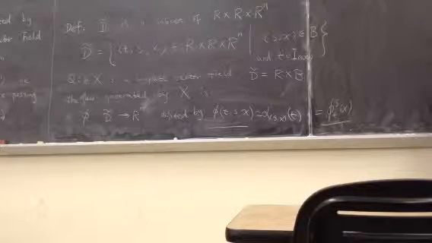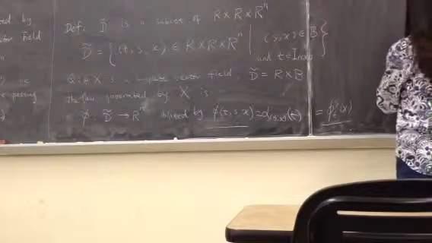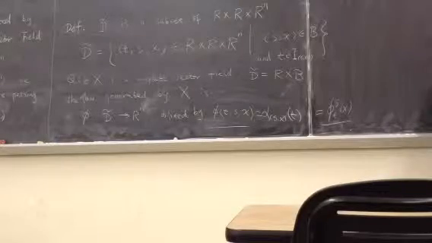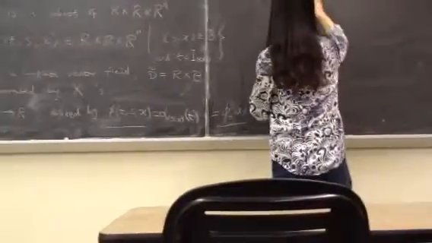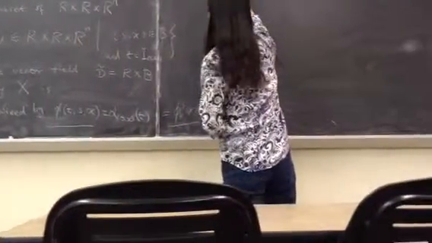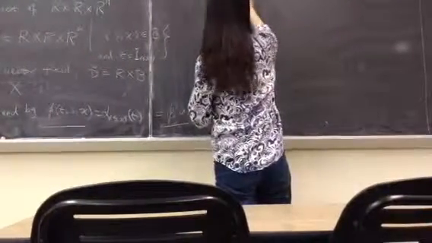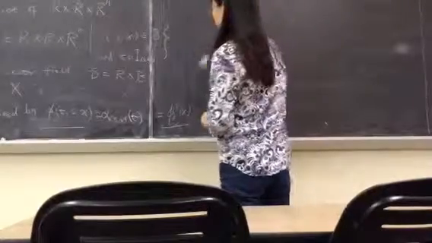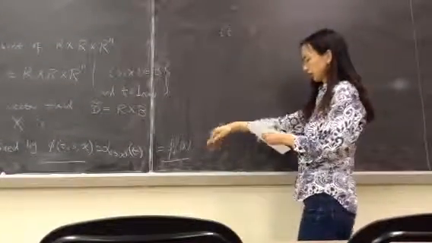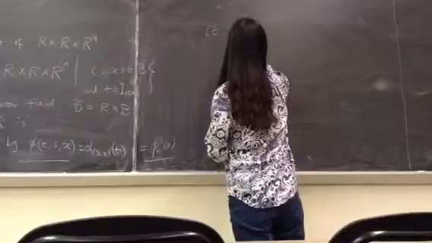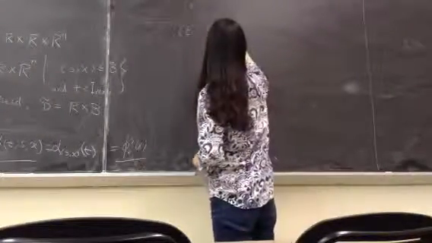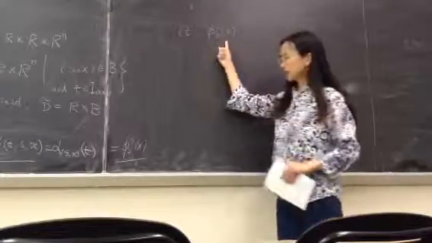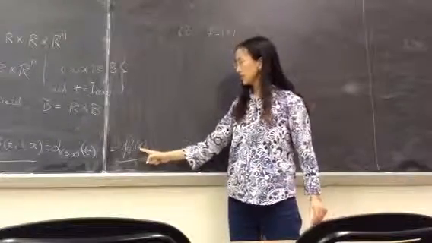So this flow has a special property you can easily verify. If you use this notation, what does STX mean?